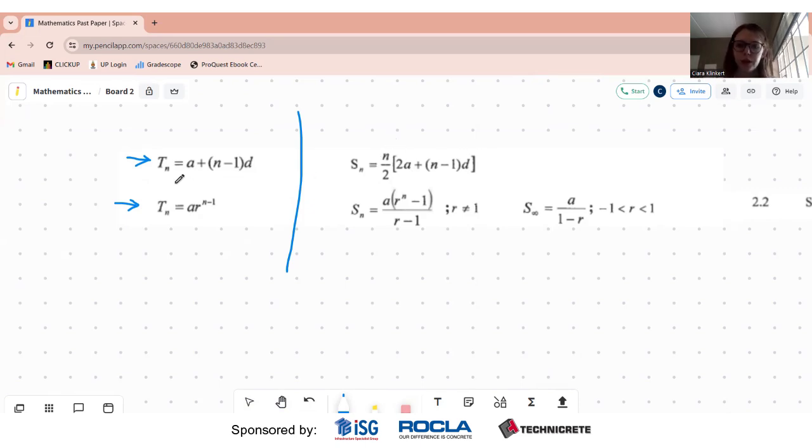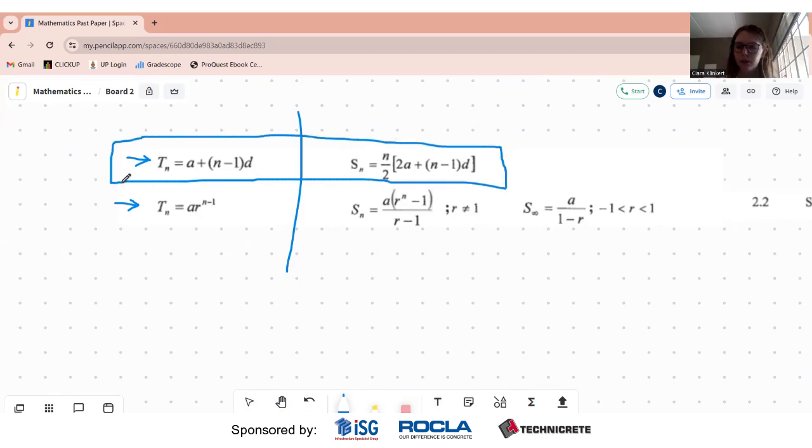The first Tn and Sn in this line are for arithmetic sequences, which we're not dealing with now. And these second ones are for geometric sequences. So the first step in this kind of question would be to identify the formula you need to use.